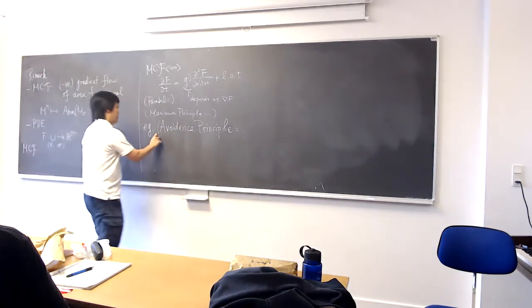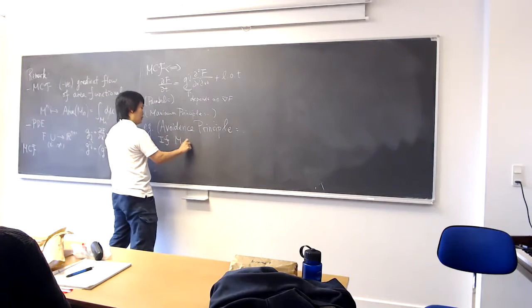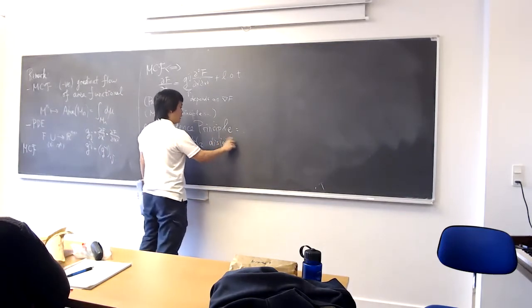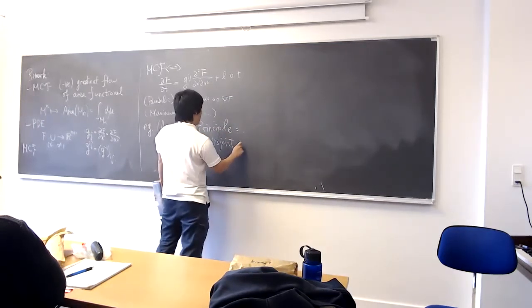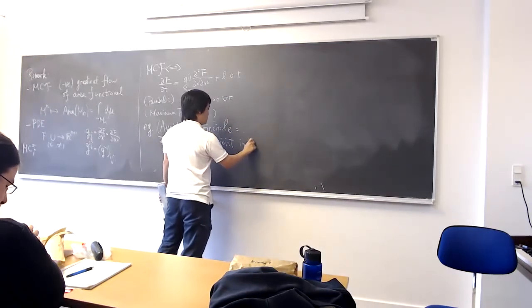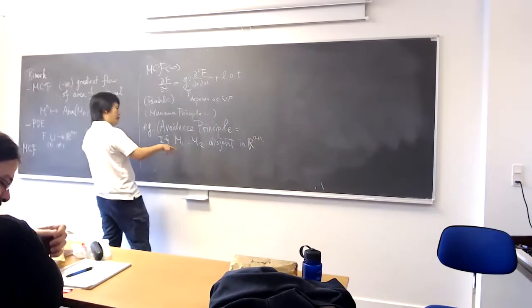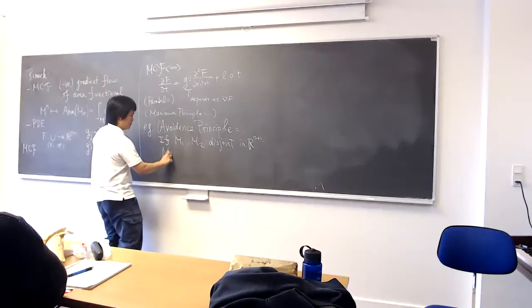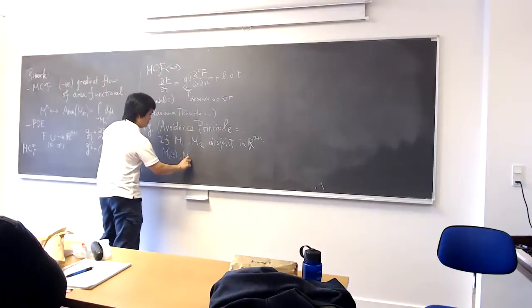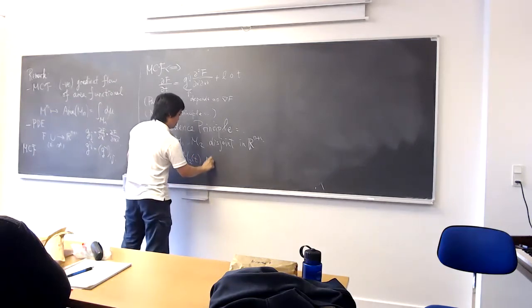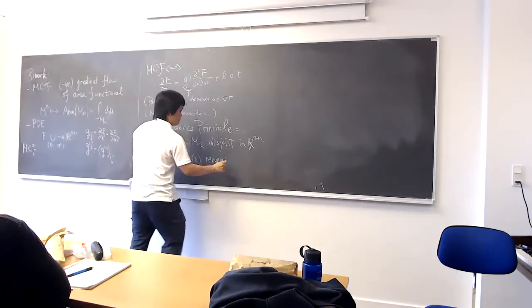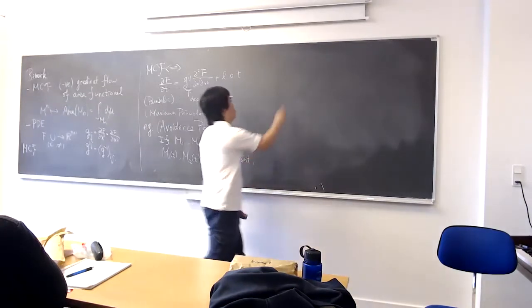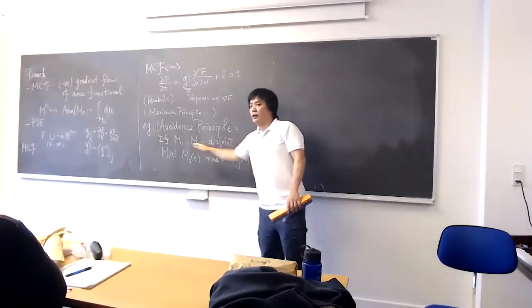So if two of them are disjoint hypersurfaces in R^(n+1), then the mean curvature flow starting at these two will not intersect, as long as both of them are still defined.